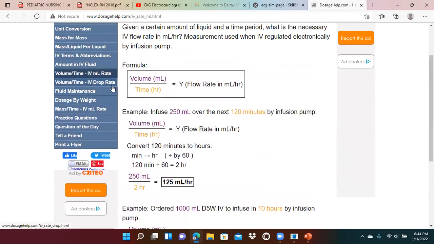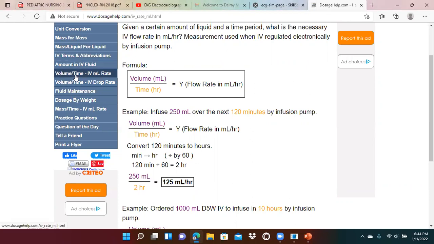Next formula, we talk about IV drop rate. This is the formula for IV milliliter rate, or flow rate in ml per hour, or infusion pump volume per hour. But volume over time for the IV drop rate count is a little bit different formula.